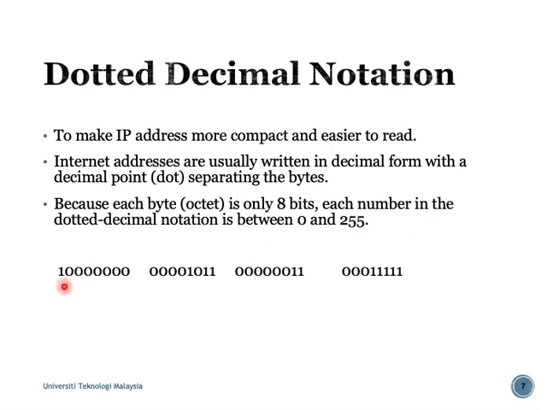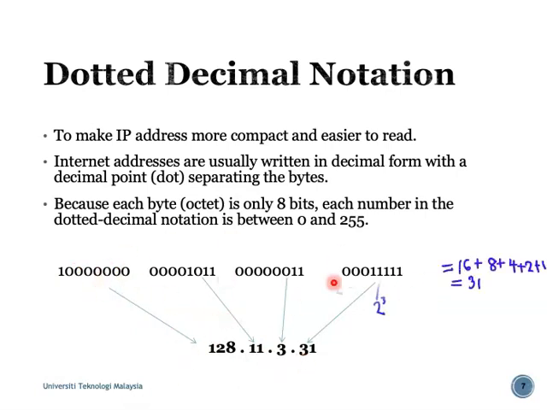Let's look at the example here. This is the binary notation for the IPv4 address. If we convert it to the decimal address, it will become like this. So how do we convert from binary to decimal? Basically, each of these bits defines 2 power of something. For example, at the position here, 1 is 2 power of 0. The second position from the right is 2 power of 1, and so on.